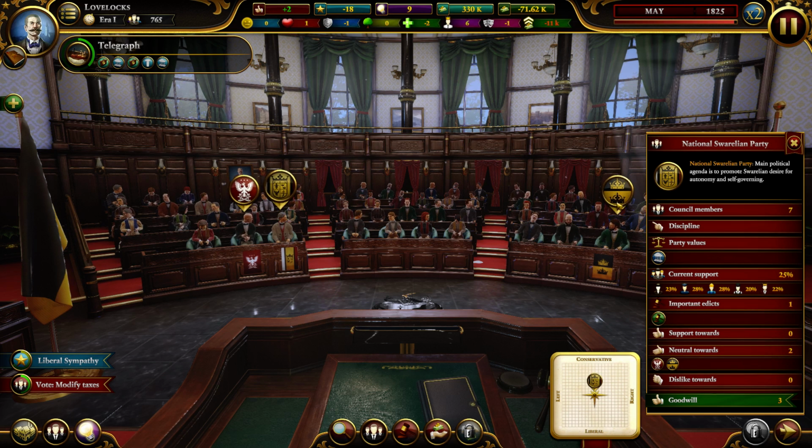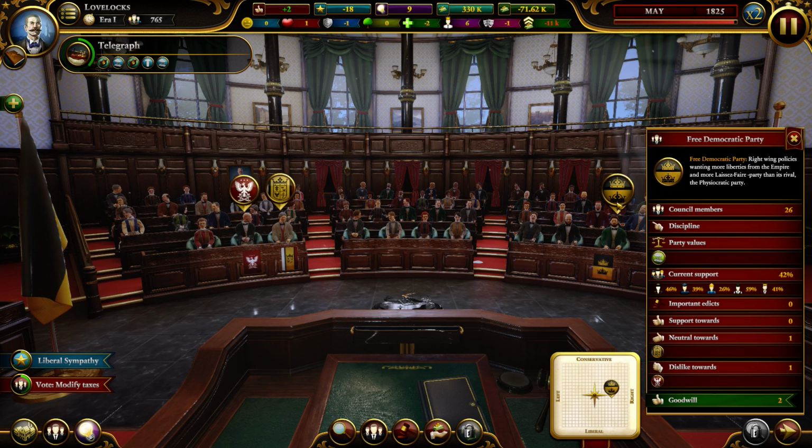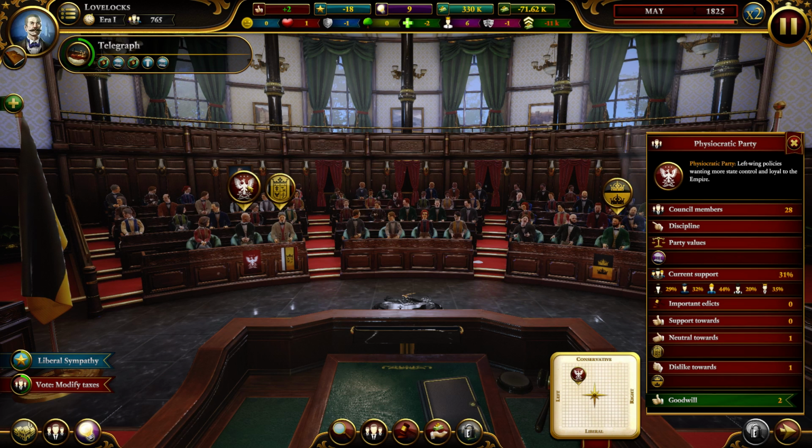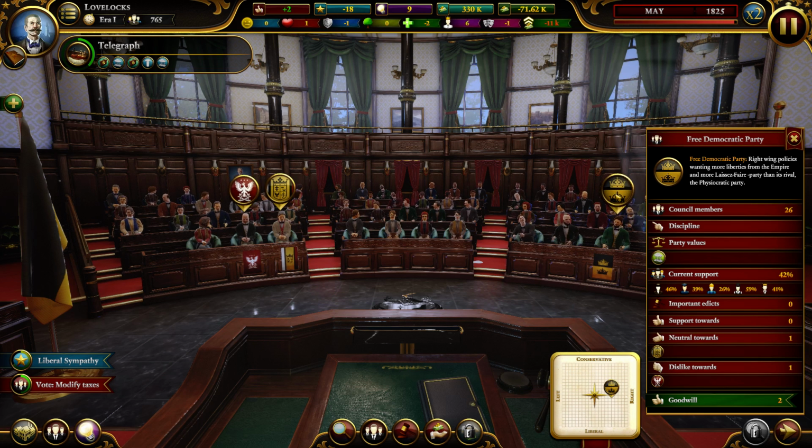So it's like, who do I want to align myself with here? They have a lot of power. Who are they connected to? They're connected more to the lower class, the middle class, and the elites. Not so much the students and the working class. I think I want to align myself more with the Physiocratic Party. Conservative, left-leaning.